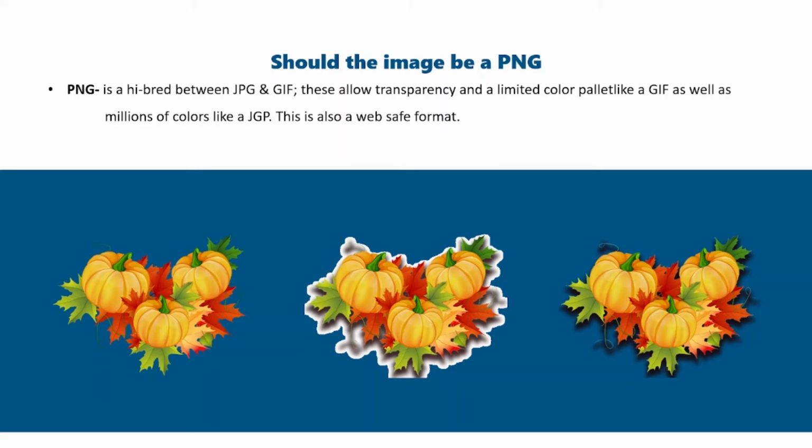You can see here I have three examples again. The first one is a straight up PNG with no transparency effect applied to it. I can have the limitation of 256 colors, or I can have the millions of colors like a JPEG. So it gives me the best of both worlds.